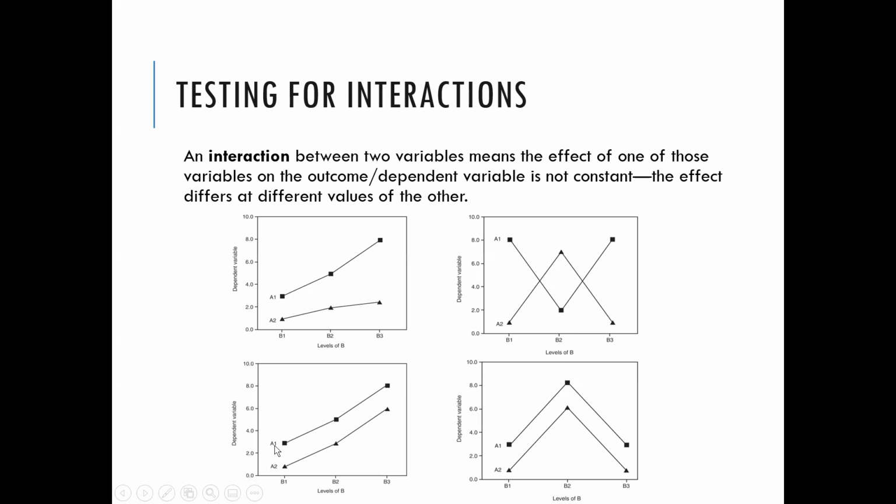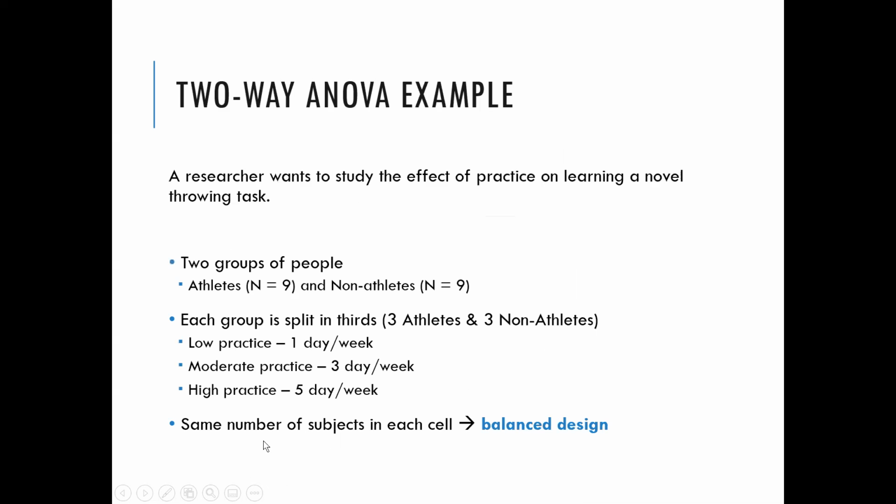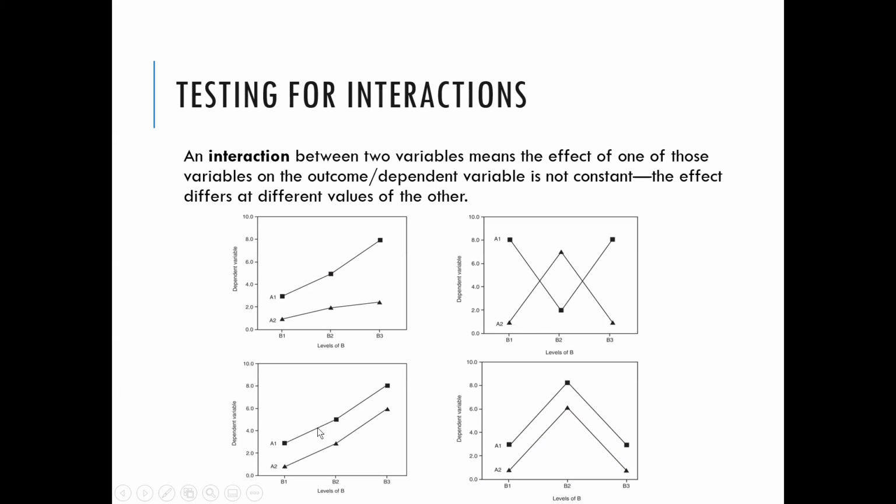In contrast, we can see that for level 1 of A, there's a consistent increase, much like we see here. However, for level 2, we see a parallel increase. So the slopes are pretty equal here. Even though the value of level 1 of A changes across levels of B, that change is consistent for level 2 of A as well.